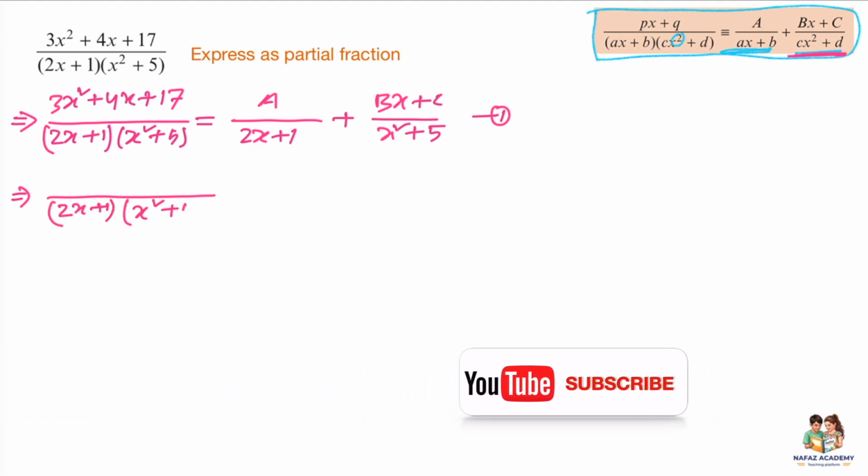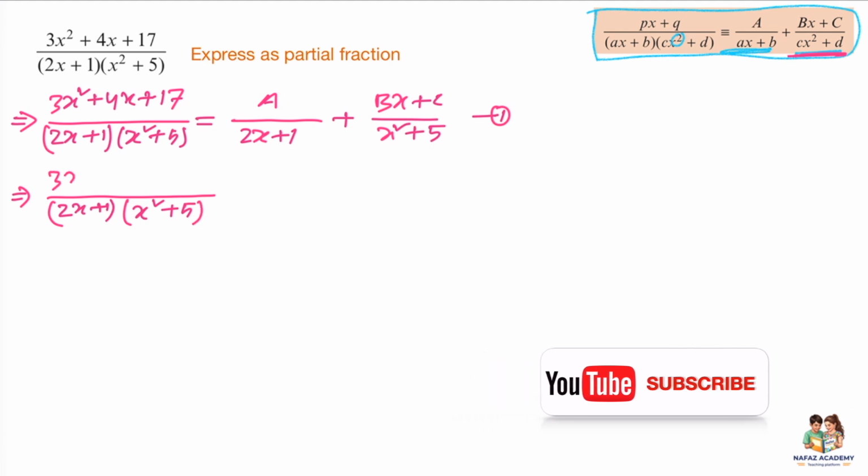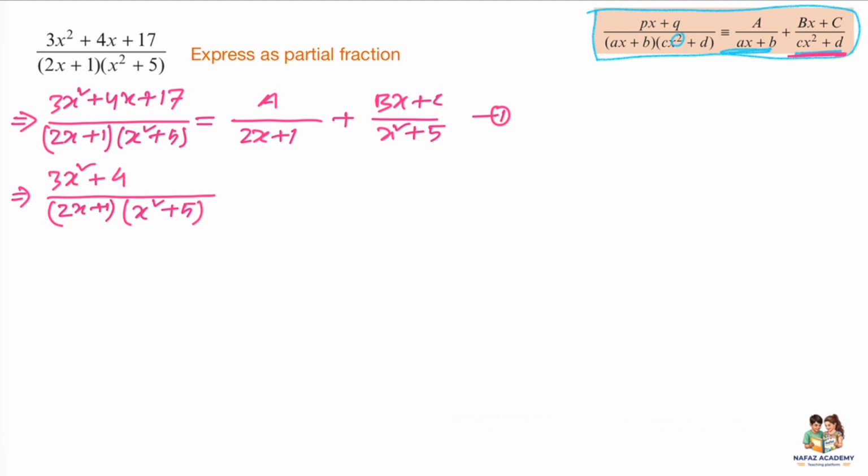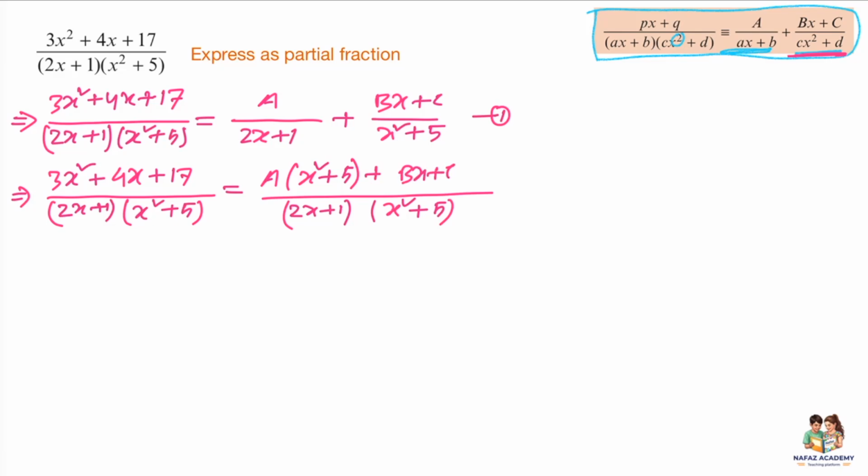So we have to take the LCM in the right side of the two fractions, 2x plus 1 and x square plus 5. For A, x square plus 5 is eliminated, and for this one, 2x plus 1 is eliminated.